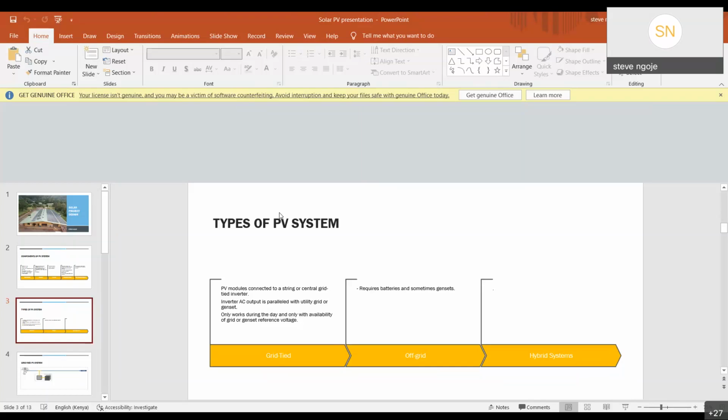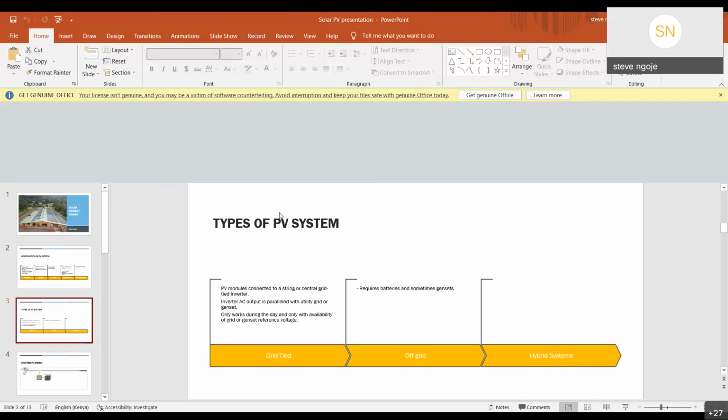In grid-tied, as I explained earlier when I was explaining the grid-tied inverter, the modules are connected to the DC input of a string inverter or grid inverter. That inverter then gives you AC output. The AC output is used as generated.